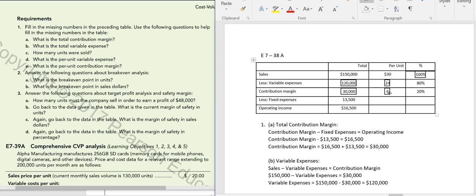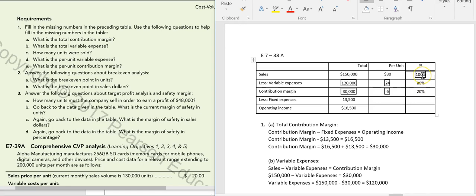Your contribution margin per unit is $6, and your sales is $30. So if you do 6 over 30, it's 0.2 or 20%. Same thing we could do for variable expenses, which is $24. So if we do 24 over 30, you will find it's 0.8 or 80%.